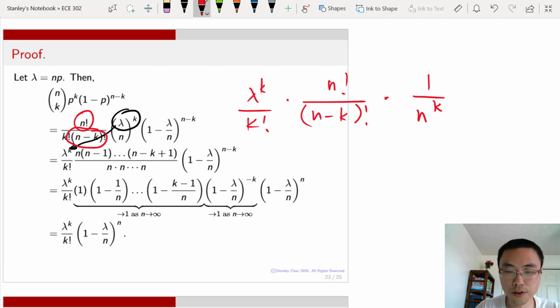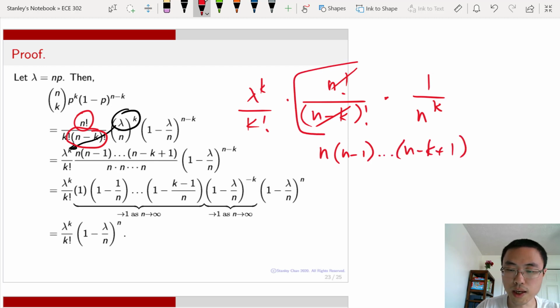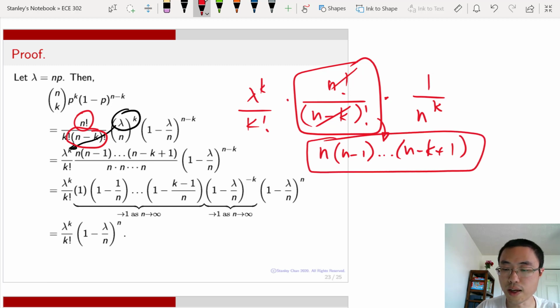So here you have n factorial, right? So you have n, and then there's some cancellation going on here. So you have n times n minus 1 times all the way to n minus k plus 1. So that will account for this ratio because all the denominator will be cancelled with the numerator. So the numerator will only have these terms remaining.